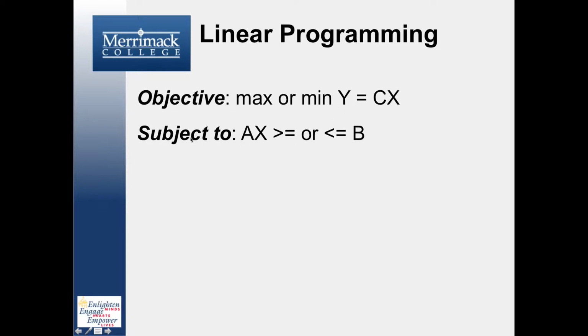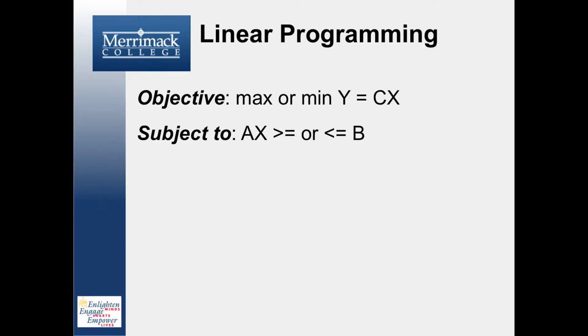But then we have a set of constraints on what values those x's can take. So for example, the factory example that I used, you have so much capacity at each factory. The trucks that you use have a maximum load, right?